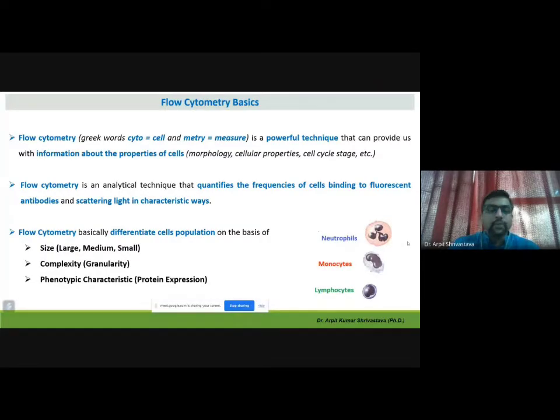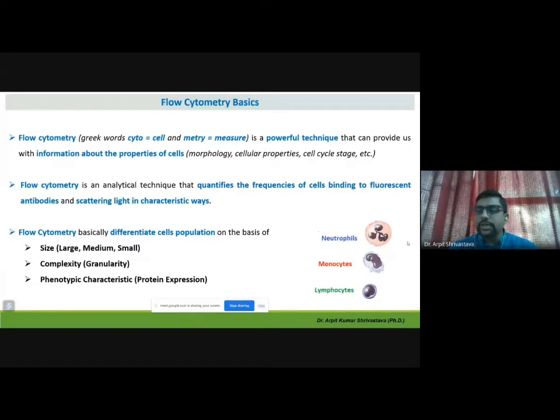So basically, what does a flow cytometer do? It differentiates cell populations on the basis of three things. Number one is size, number two is complexity, and number three is phenotypic characteristics. How? We'll see in the next slide.